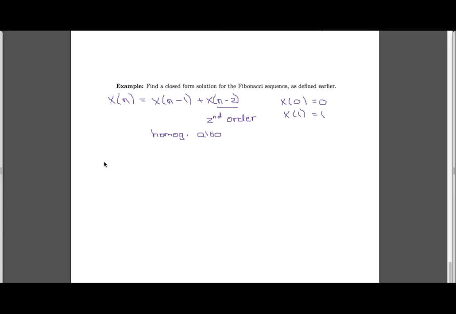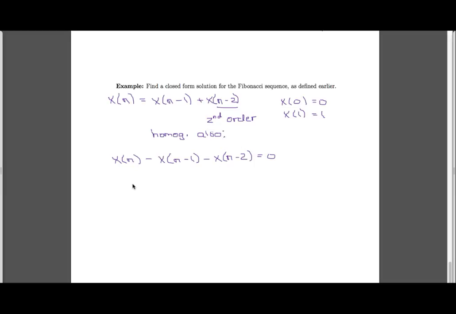So all we need to do is transform this guy into the corresponding quadratic polynomial. So I went ahead and moved the other x's to the left-hand side just so that we can see explicitly the homogeneous form that we have for this second order recurrence relation.